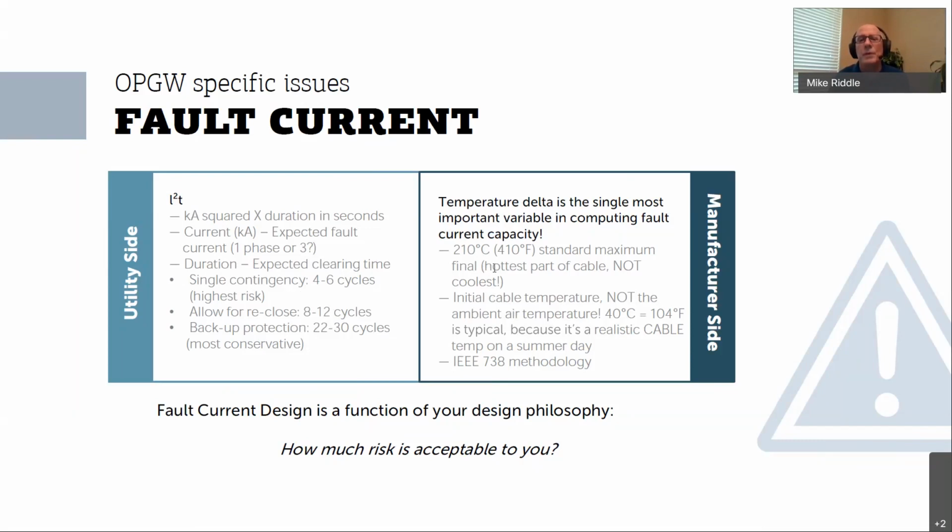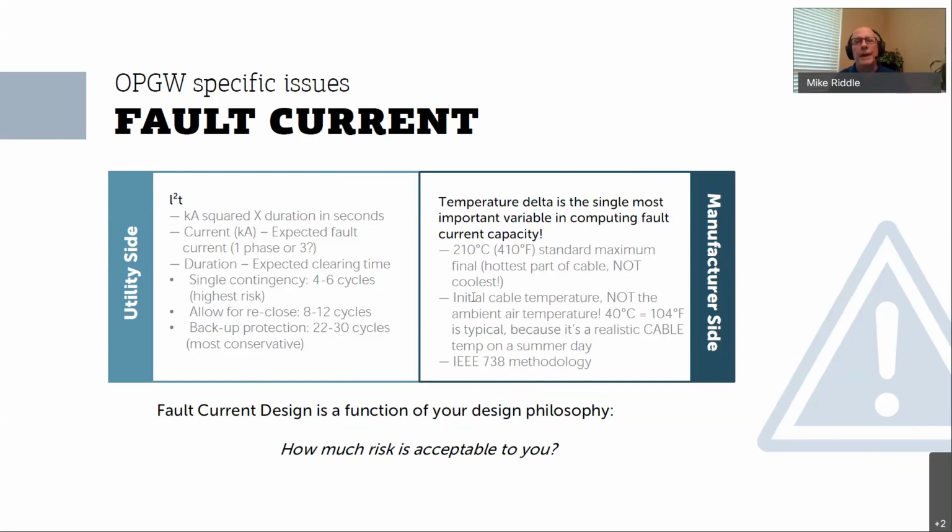Some suppliers will apply it to the hottest part of the cable. And for a long time, that was the standard practice. And the hottest part of the cable is always going to be that aluminum alloy wire if it's there. Not the coolest part of the cable. That's generally the optical unit. And there could be as much as a 30°C difference between the two.